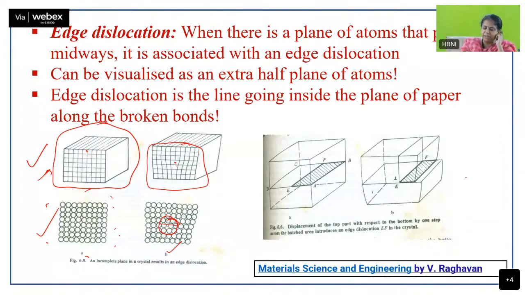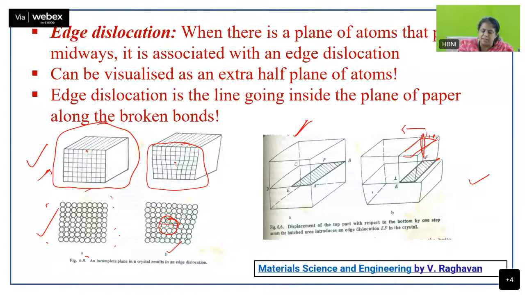One more representation is this. This is your perfect cube. Nothing happens. Now imagine you are actually trying to put your hand on this particular face. Let's say you divide it into some 4 cubes and then you try to apply pressure in this direction. What will happen is your front face will join, let's say, the second face. Then your second face plane starting here will join the third here, third to fourth, fourth to fifth.